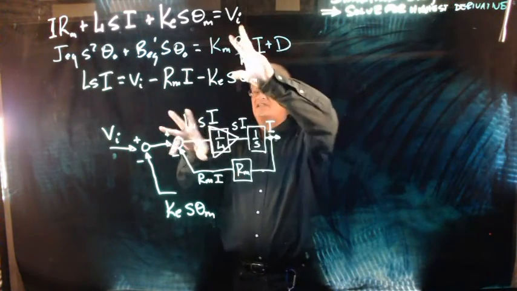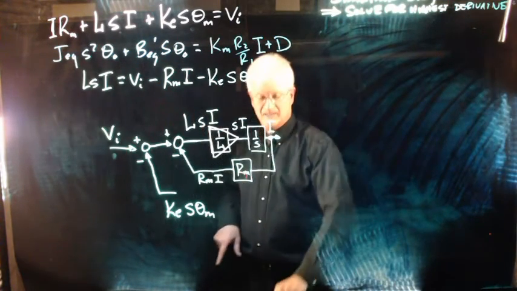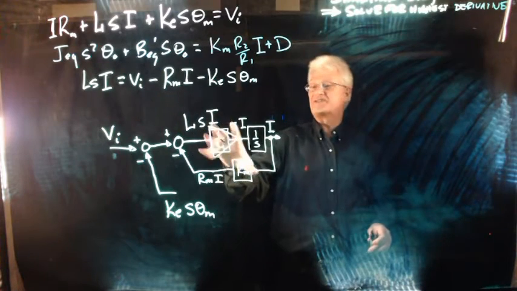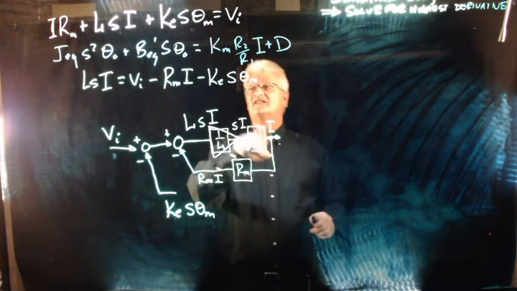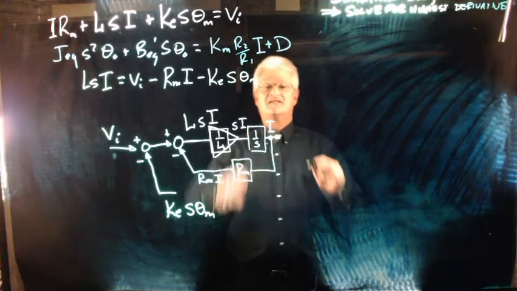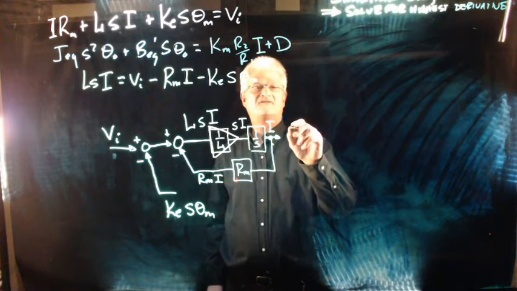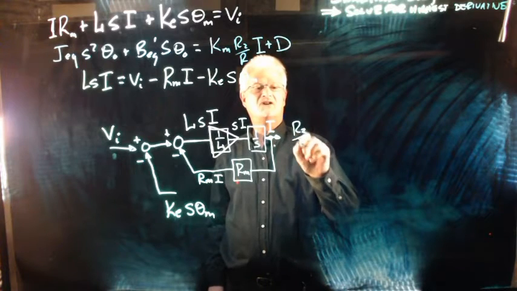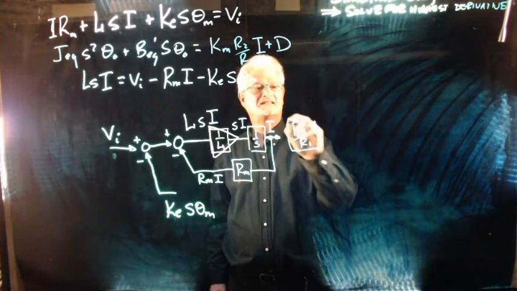So we've got the equations of motion for the electrical part of the system, and once we have the current, we can use the mechanical system. We say R2 over R1, that's the gear ratio.